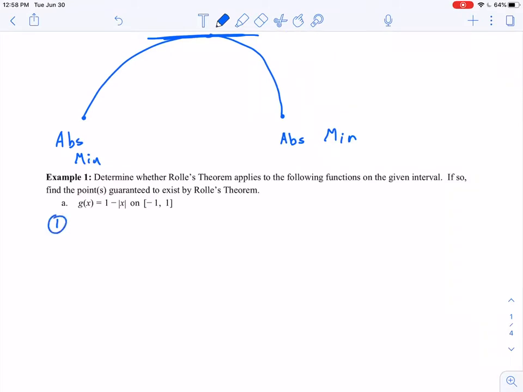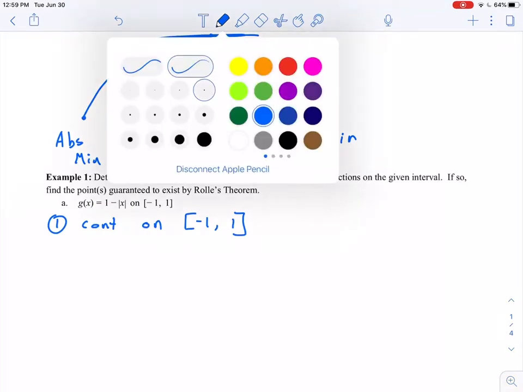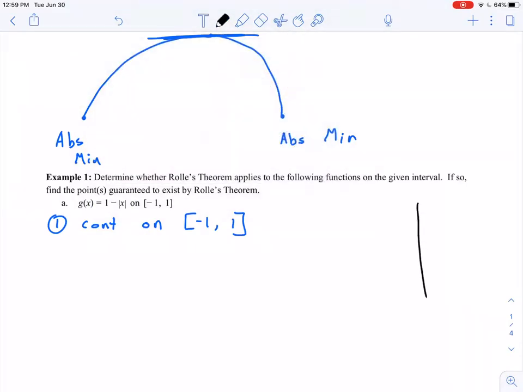So first of all, is g of x continuous on -1 to 1? And for this, it might help to sketch the graph of this function. This is actually pretty easy to do using transformations. I'm going to sketch the graph of this function over here. This is the absolute value of x, which has that V shape.